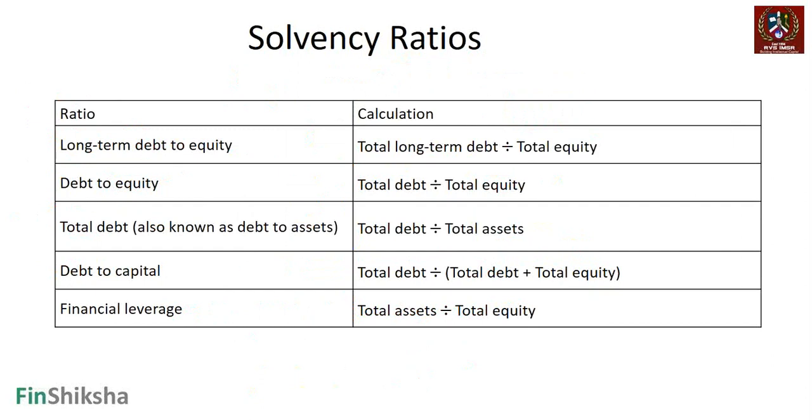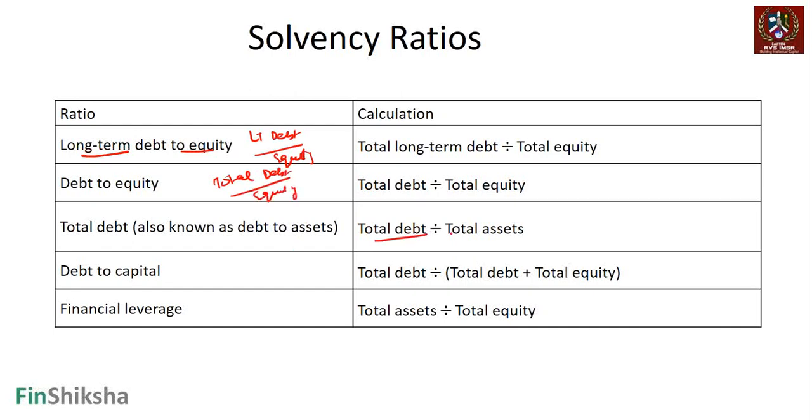This is basically going to talk about how much debt a company has, right? So how much debt a company has versus its equity or total capital. So the long-term debt to equity ratio will take long-term debt divided by the equity. Then you will take total debt divided by the equity, right?